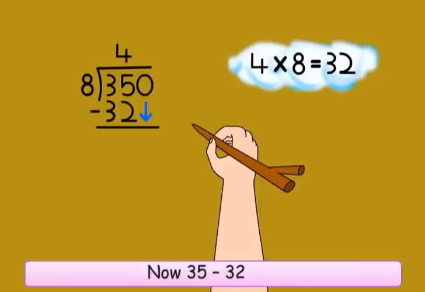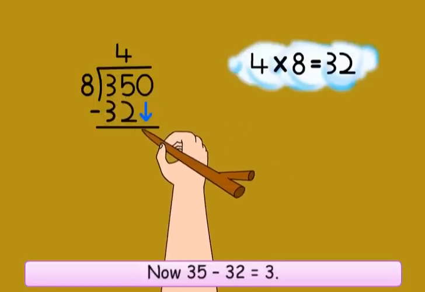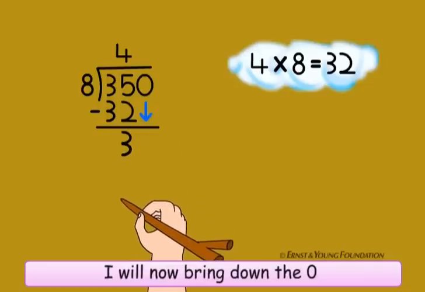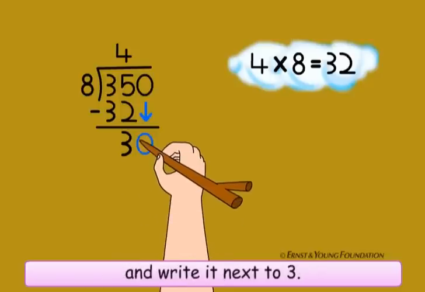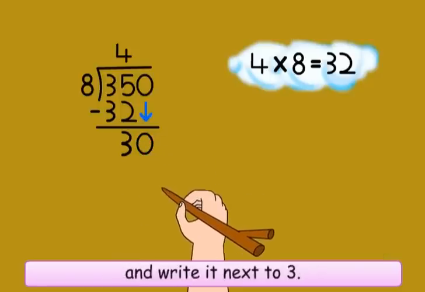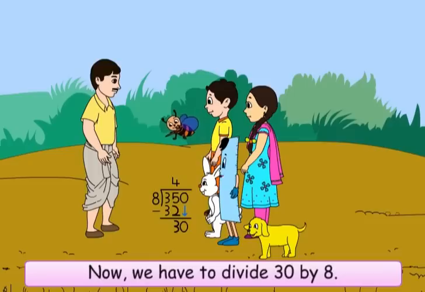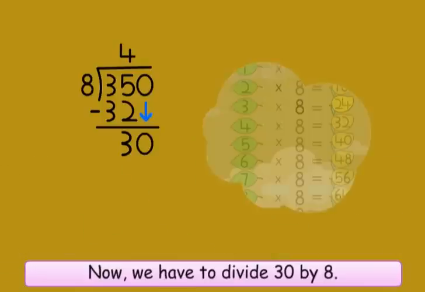Now 35 minus 32 is equal to 3. I will now bring down the 0 and write it next to 3. It is now 30. Now we have to divide 30 by 8.